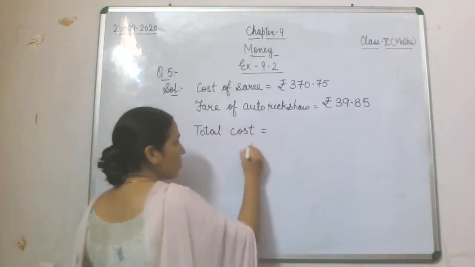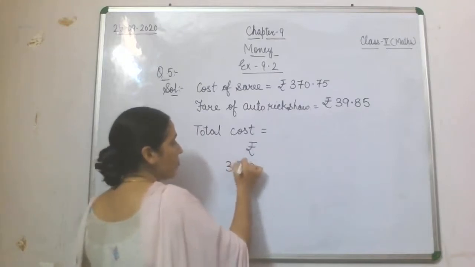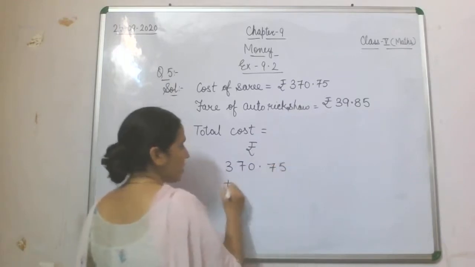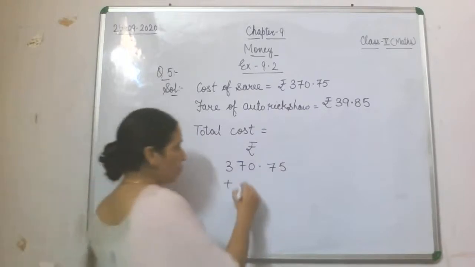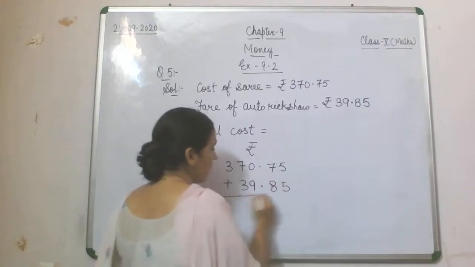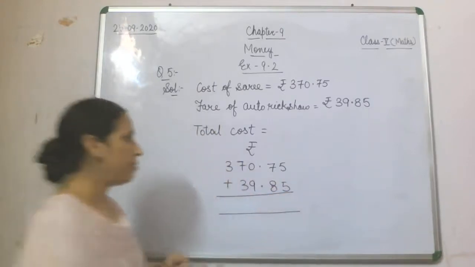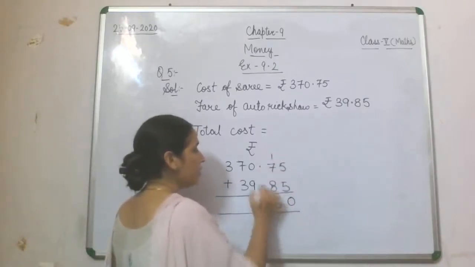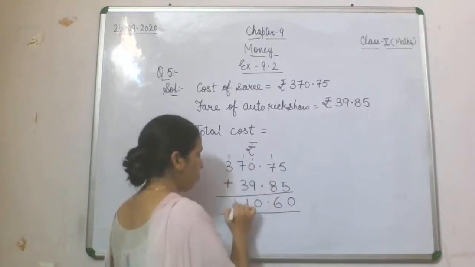Total cost, we'll write rupee 370 and 75 paisa, plus the money spent on auto rickshaw, that is 39 rupees 85 paisa. Then we will do the addition. 5 plus 5, 10; 16; 9 plus 1, 10, 11, 4.